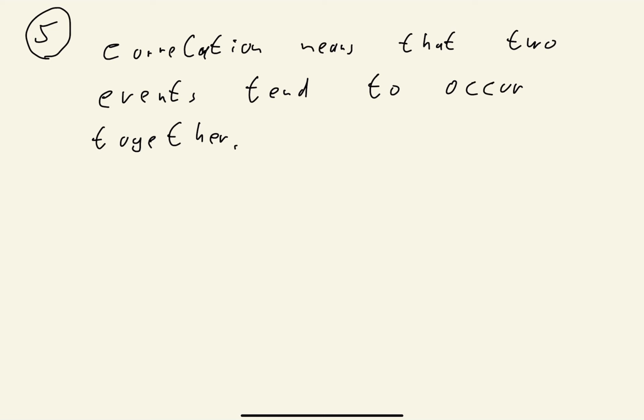Okay, so that's the first thing. So if two variables are correlated, it simply means that they have a tendency to appear simultaneously, or they somehow seem to be related to each other when you're just looking into the data.